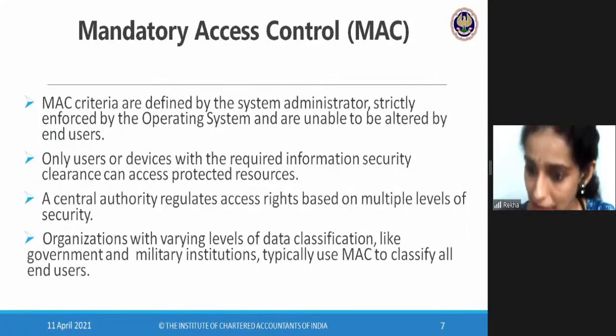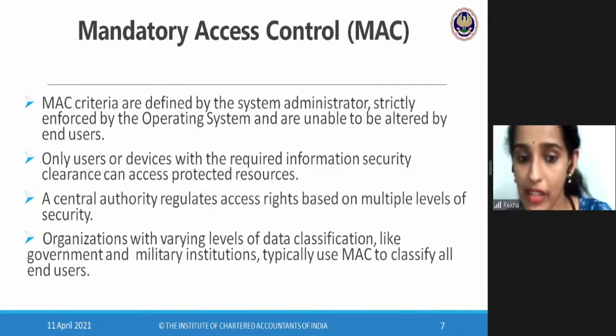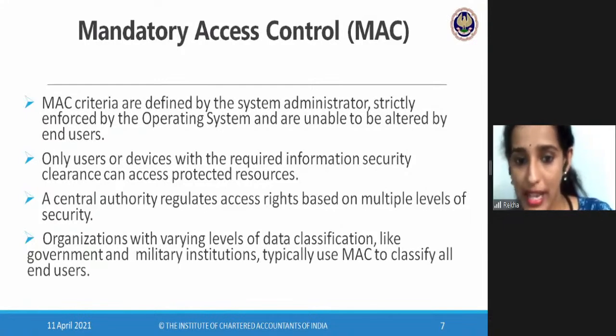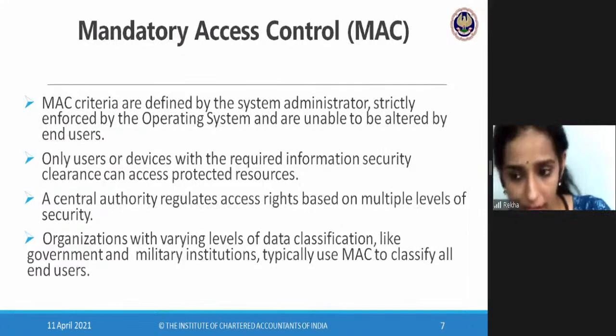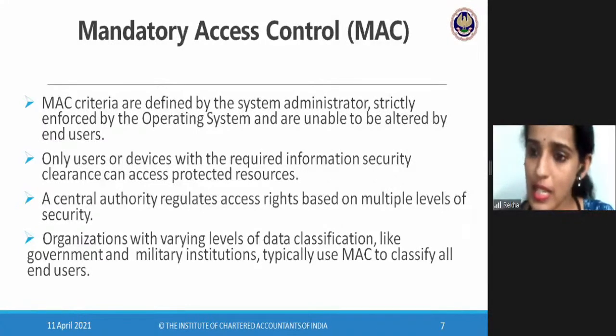Here a central authority will have a system administrator who puts different control measures, with multiple levels of security. Only those persons who have the security clearance can enter the system or view the data. This is mainly for very secured information. It is the highest level of control that you can put.